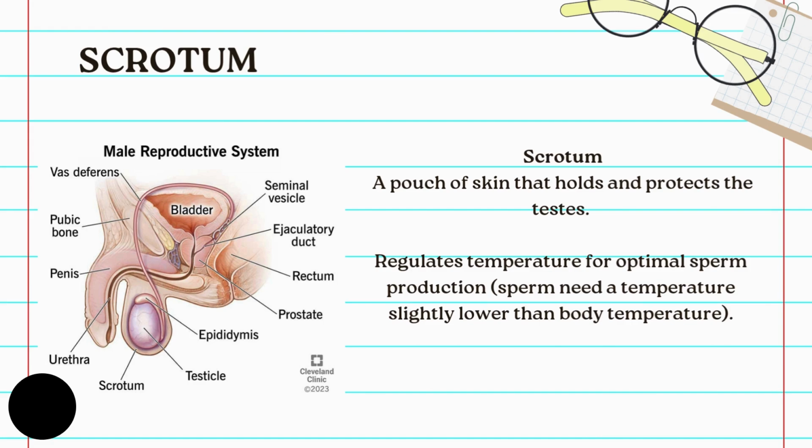If you're a male and you touch your thighs or your entire body, your body is warm. But once you touch your scrotum, it is slightly colder than your body temperature, and that is intentional.